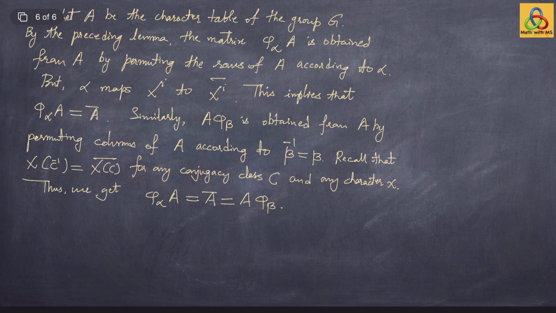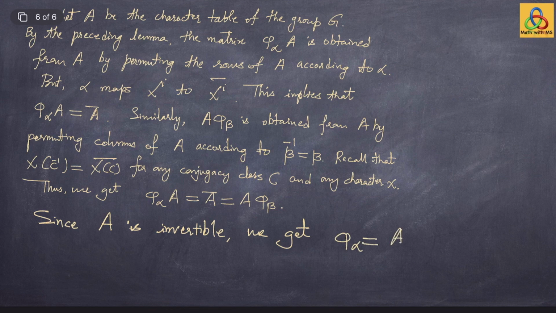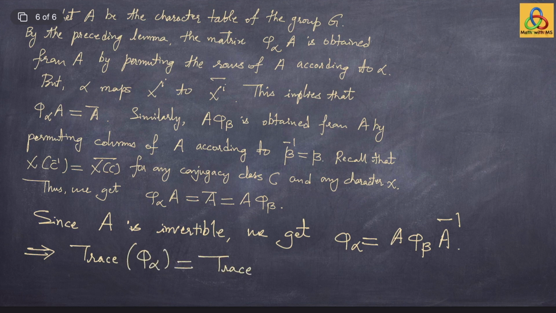Since A is invertible, we get that phi alpha is the same as A phi beta A inverse, which implies that the trace of phi alpha should be the same as the trace of phi beta.